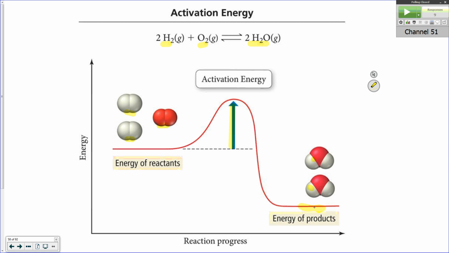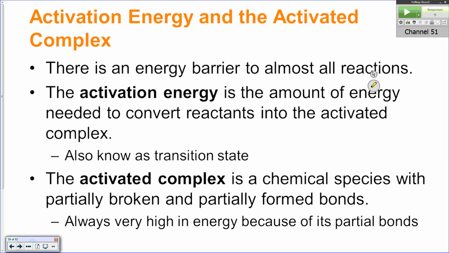You start with the reactant energy here, you end up down here. This amount is the amount of exothermic energy it has given off. Once it gives energy off, this energy can go back into the next reactants and help them over that barrier. So once it starts, then it's downhill, because it's got excess energy coming from the reaction that just happened. But it needs this energy to overcome this barrier, and this barrier is called the activation energy.